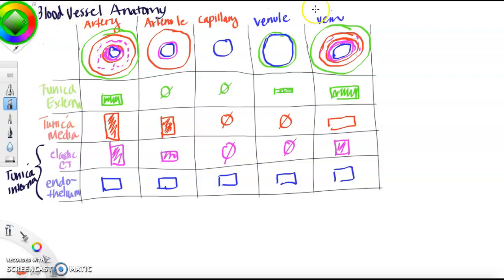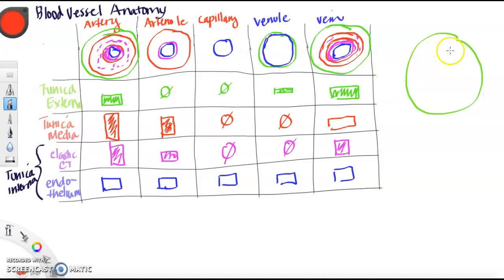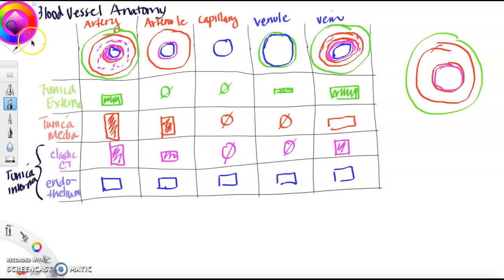So a blood vessel, we just look at it here. And let's just make it like an artery type of thing. Go ahead and put all our little layers there. All right, so if this is a vessel, we have the lumen, which is the inside here.